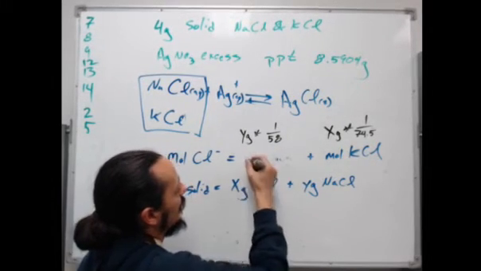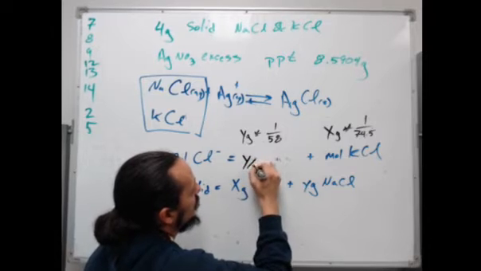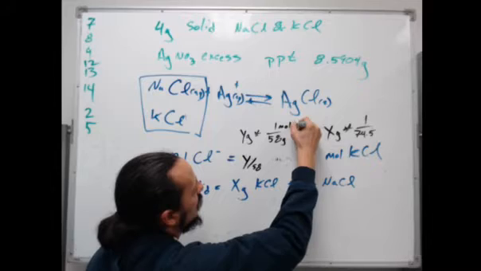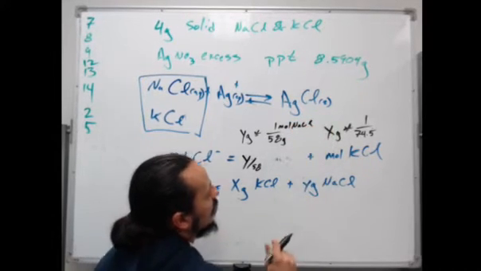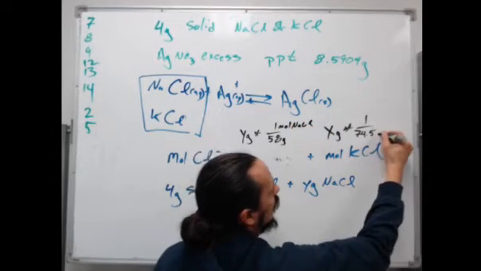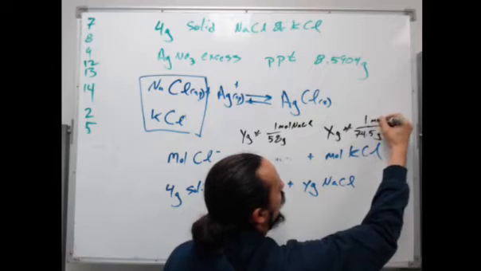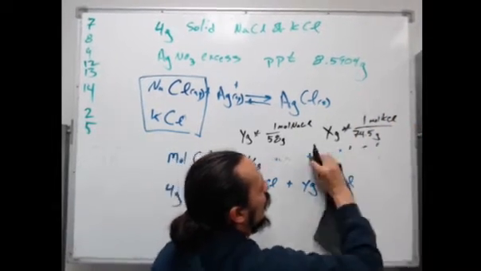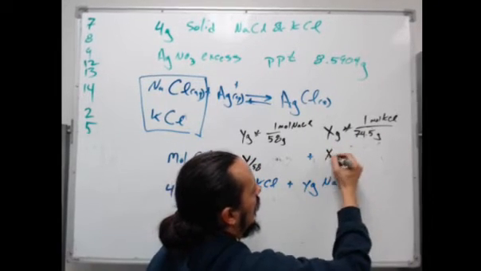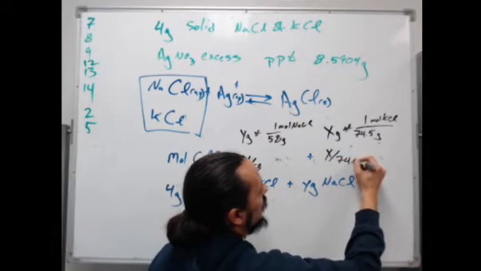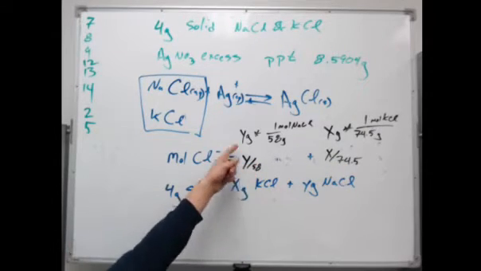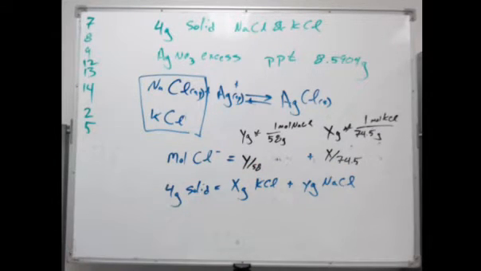Notice though the units of this, Y divided by 58, because this is grams per mole NaCl, and this is grams per mole KCl. My units still work out, where X divided by 74.5 is still my moles of KCl. My Y divided by 58 is still my moles of NaCl.